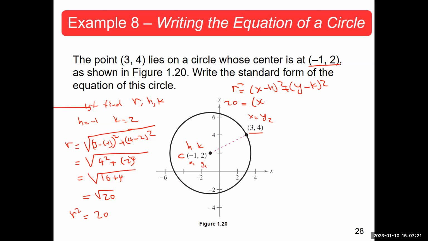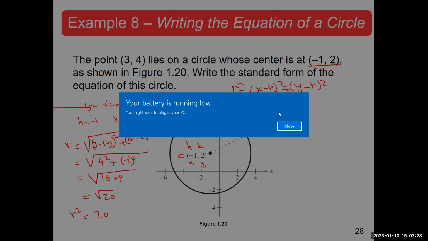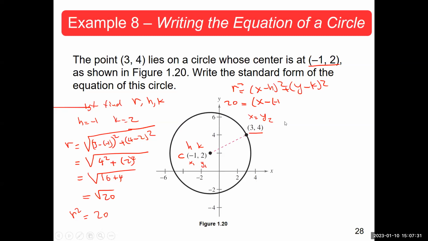X will not change, will stay X, minus negative 1, square, plus Y minus 2 square. 20 equals X plus 1 square plus Y minus 2 square.